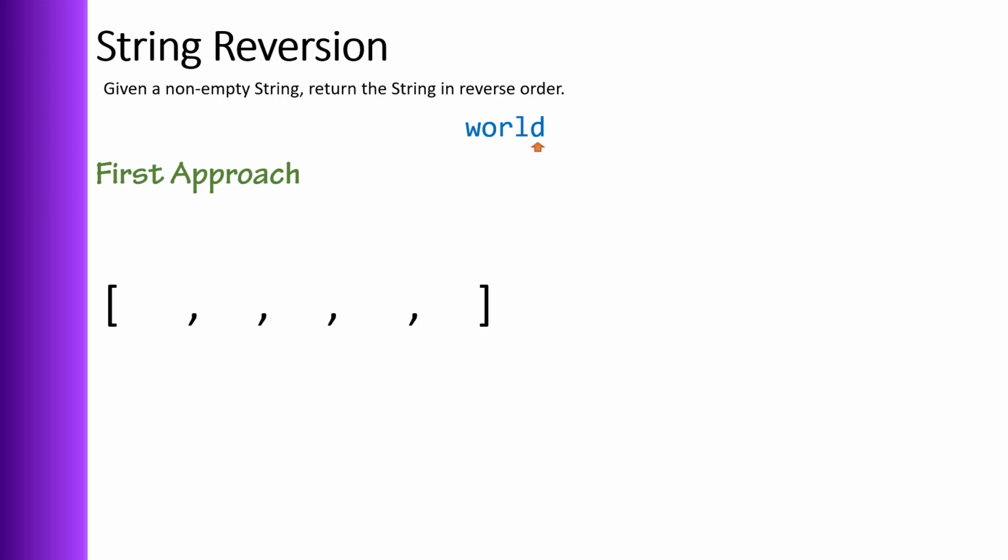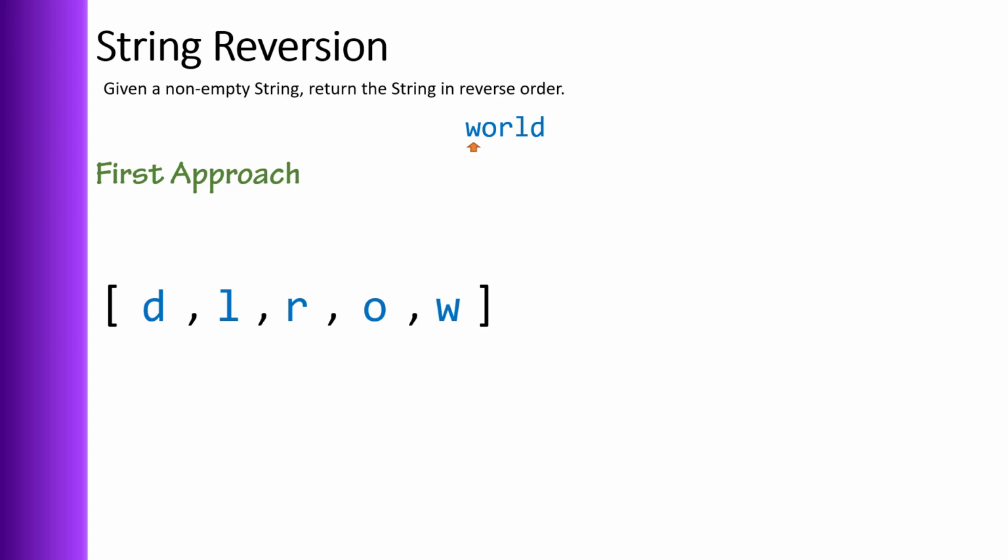And then we will start at the last character of the word, which is D, and put that in the first index of the array. And then we will move to the second to the last character of the word and put that in the second index of the array. As you can see, the pattern would be as follows. It will automatically reverse the string.